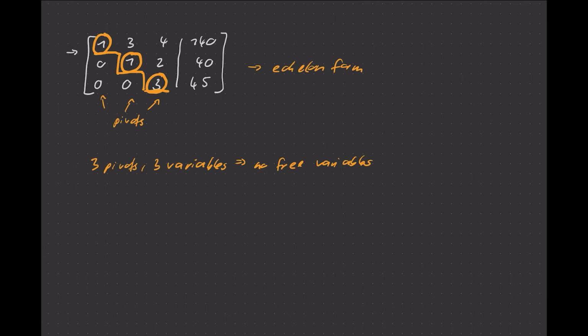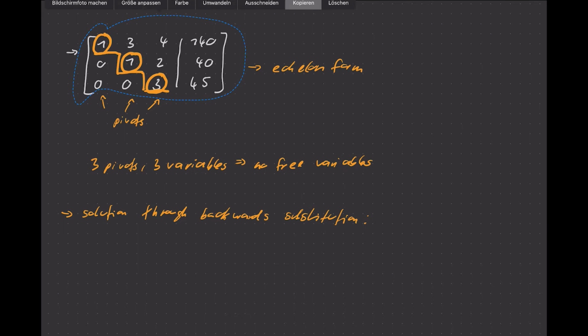Now, let's try to solve that system right away. So next step we do is solution through backward substitution. Copy that tableau here.